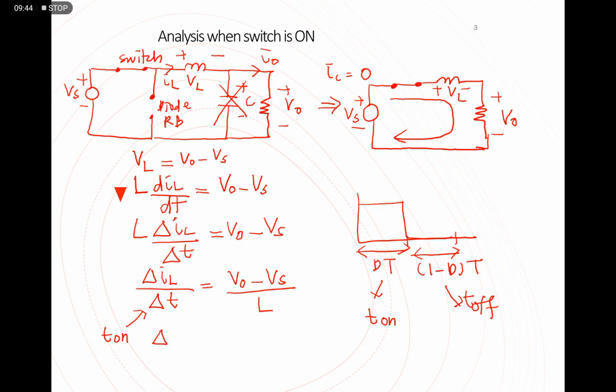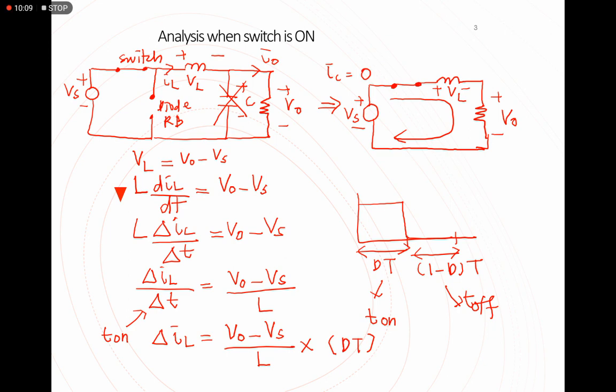So you replace your delta T here with dT. So your delta IL will be equal to V0 minus Vs over L multiplied by dT. So you get your first analysis with regards to the delta IL.